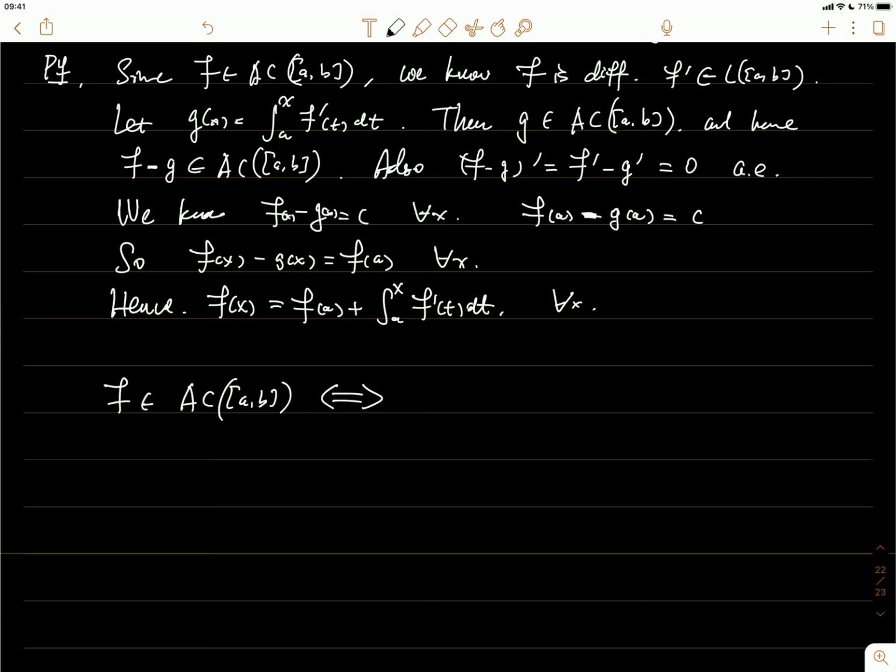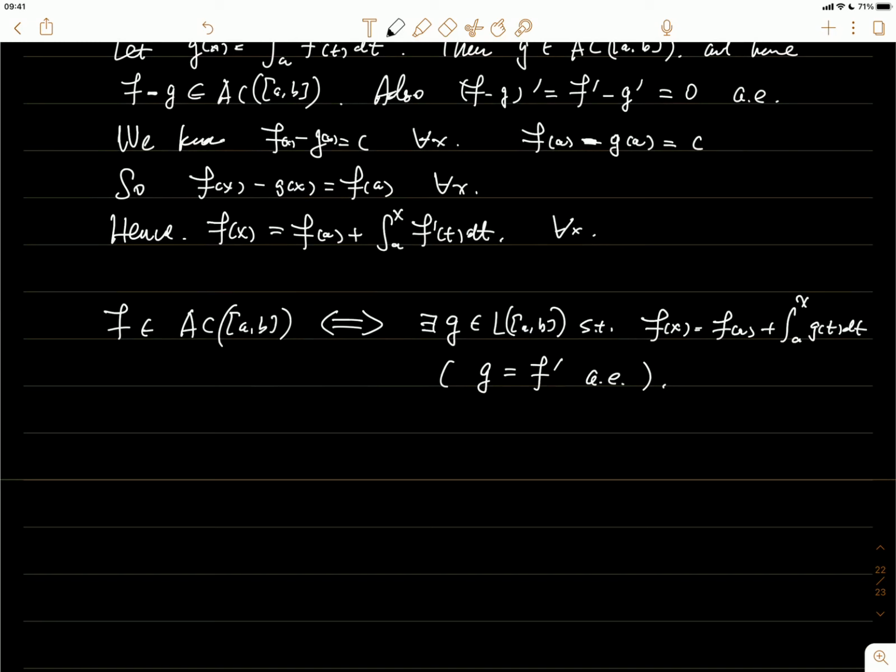So if and only if there exists some integrable function g, which is called the derivative of f, such that f of x is equal to f of a plus the integral from a to x of g of t dt. And in this case, g is equal to f prime almost everywhere.